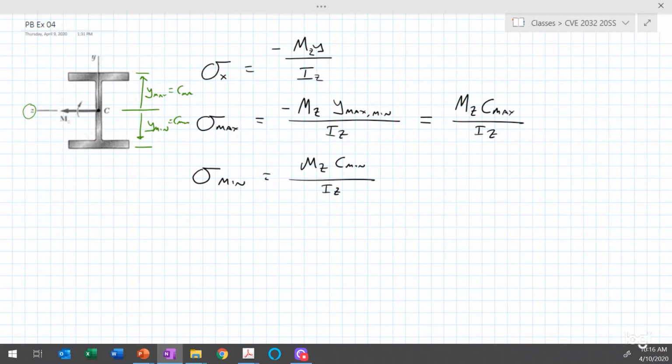In some cases, though, if you have a cross-section that's only singly symmetric, maybe something like a T-section, where you have a neutral axis up here, then you would have one value of c for the top and a second value of c for the bottom. So you would have two values of c in that case.